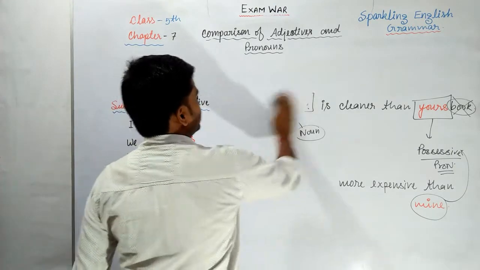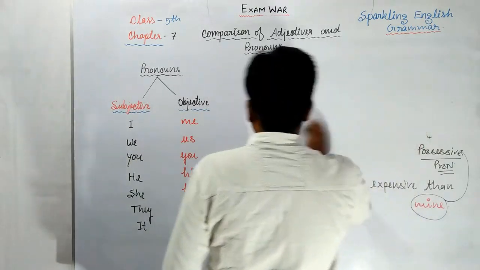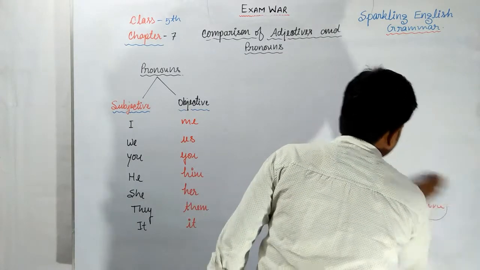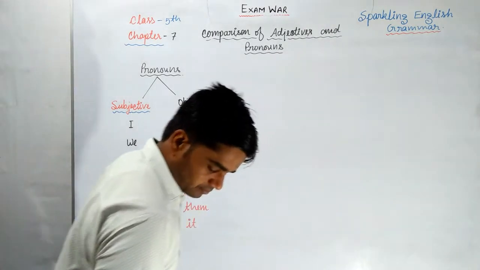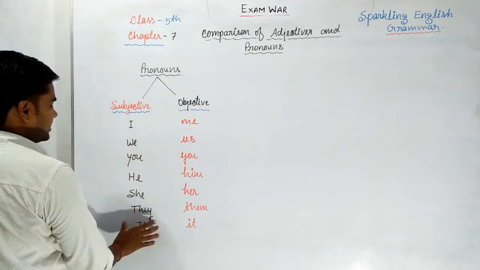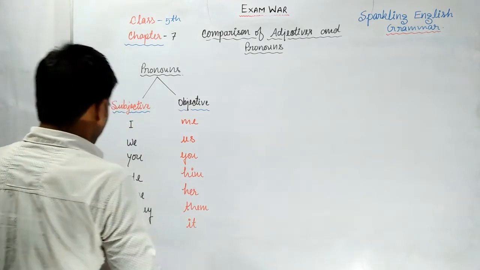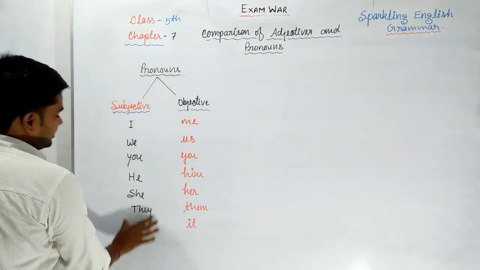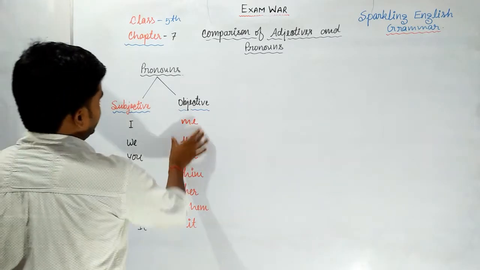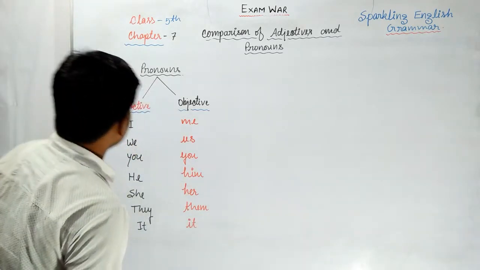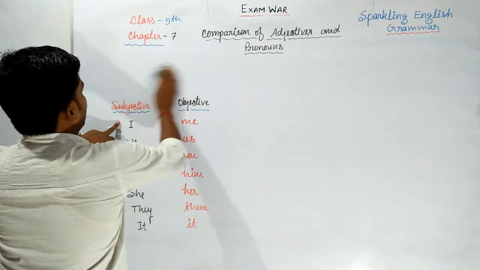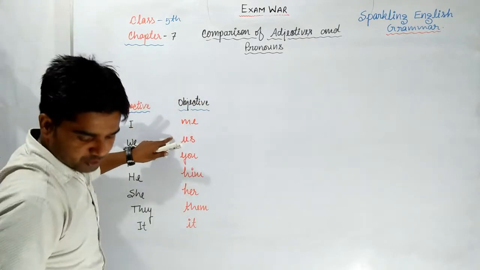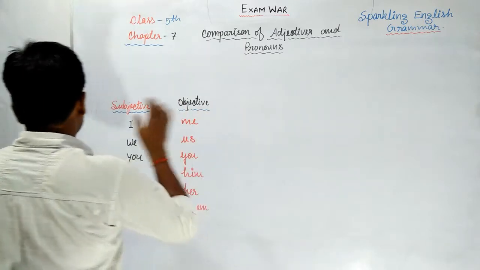So next we should discuss the next one. What are the next cases? The next cases are comparison between subjective and objective pronouns. So dear students, these words are always subjective and these words are always objective. These words are used in place of a subject and these words are used in place of an object.